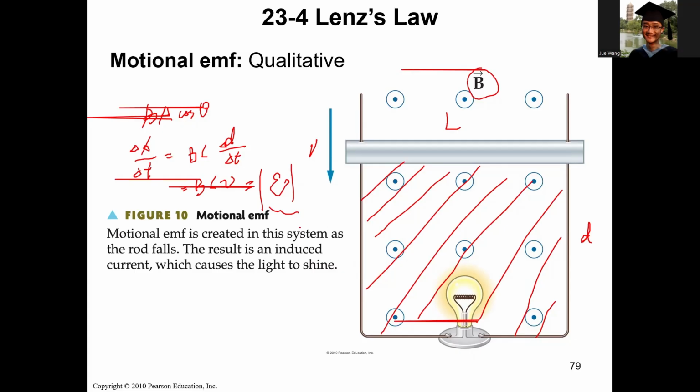You can apply Ohm's law to calculate the current, and you can use Lenz's law to find out the direction of the current. Now you have a current and a field, so you can talk about the force, using the right-hand rule with F equals ILB. So in this simple setting, we can talk about everything we learned related to magnetic induction.